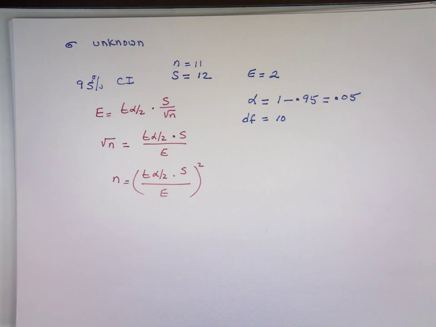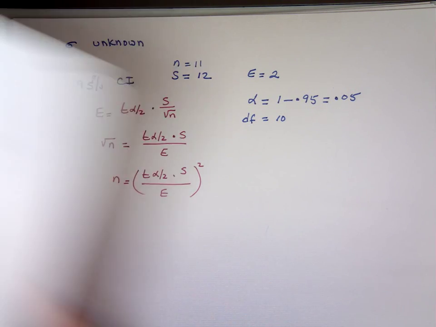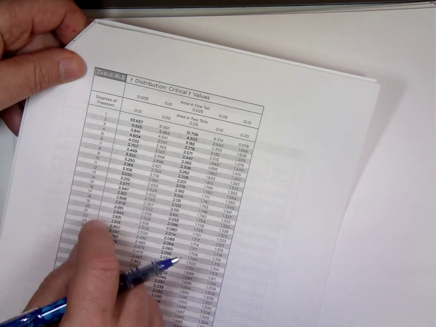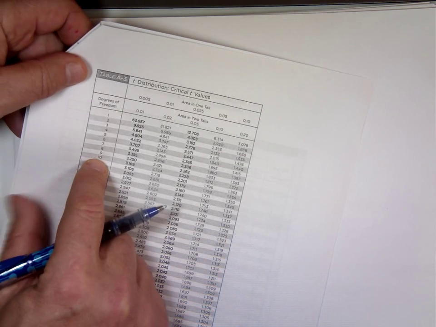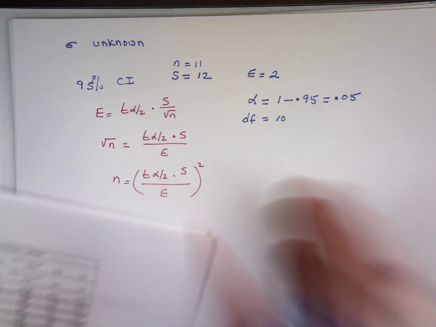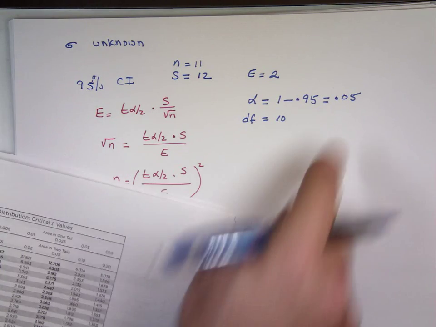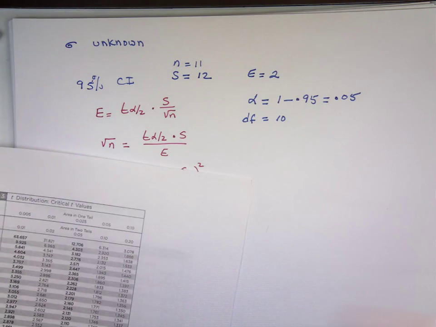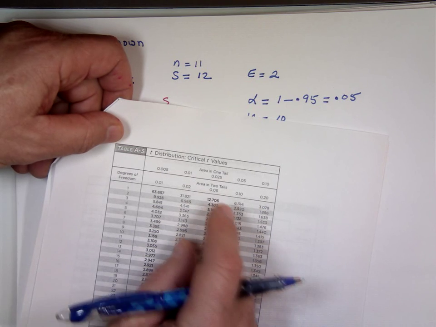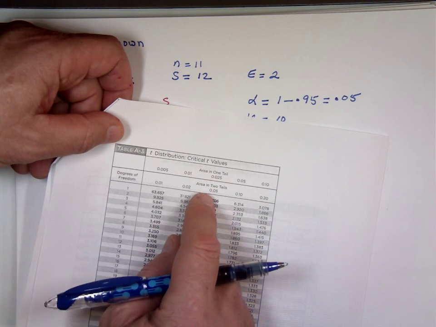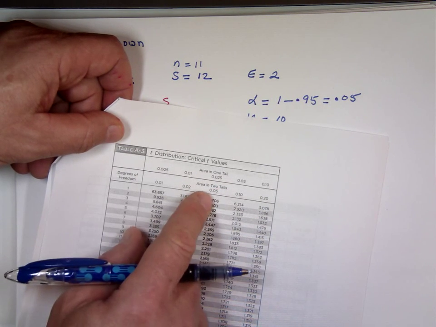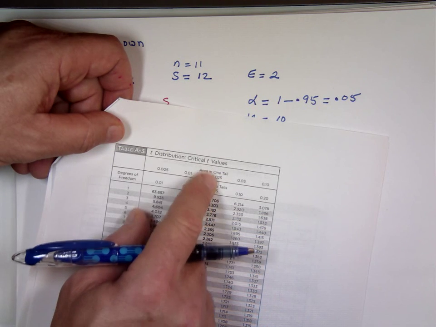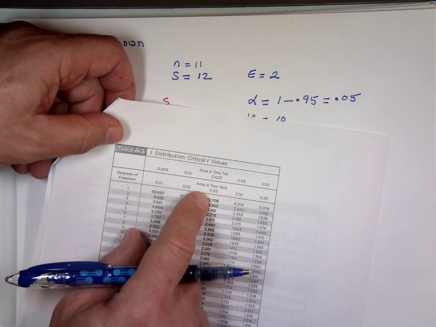So t alpha over 2 for that will be what? The degrees of freedom is 10, and we're looking for 0.05 combined in two tails, or 0.025 individual. We have two tails, so it's the same number. Area in one tail, area in two tails. Notice that's 0.05 in two tails, 0.05 in one tail, and that's the column we're looking at.